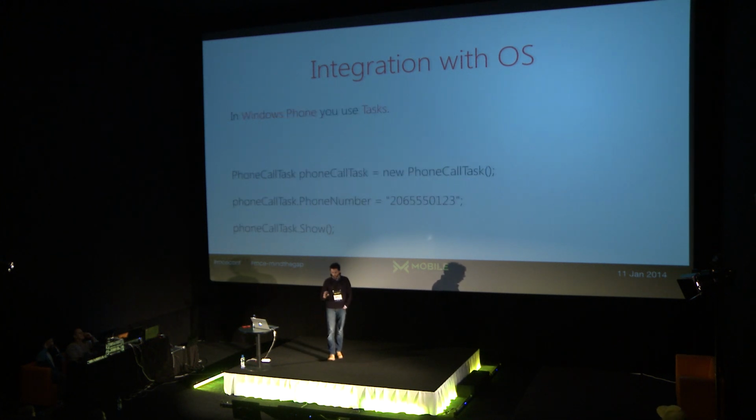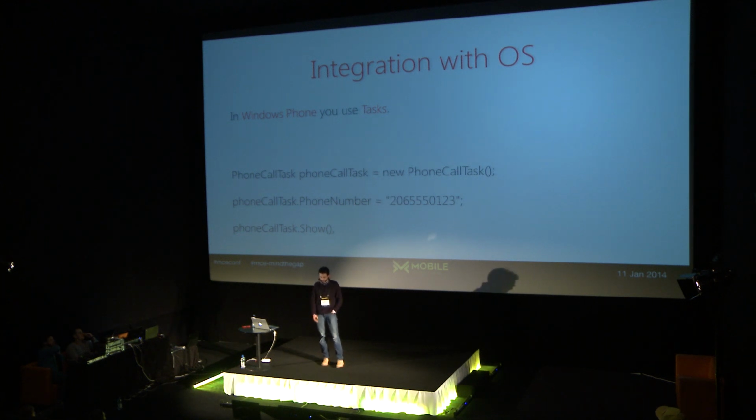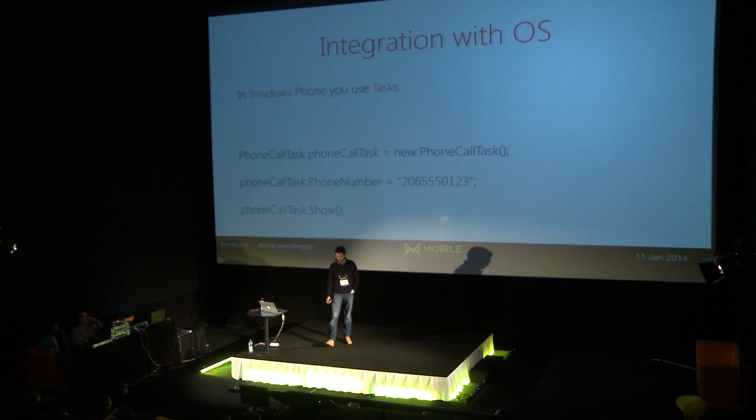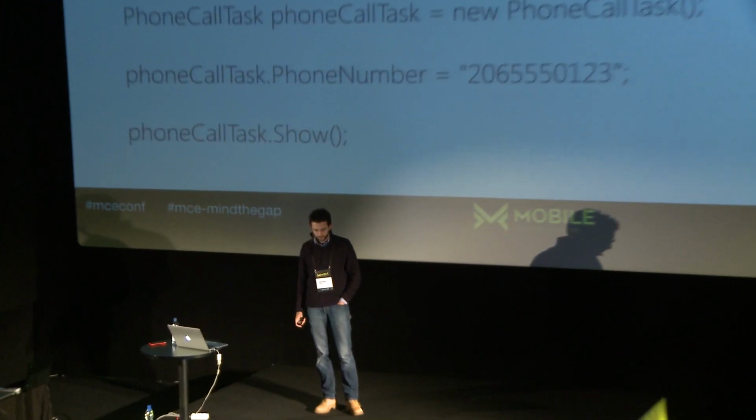In Windows Phone, there are no activities and intents, but there are tasks. So if you want to, for instance, make a phone call, then you start a task associated to the phone call, then you set the number, and then you start the associated task. Again, in Android, if you want to send an email, you have again to deal with intents and activities.